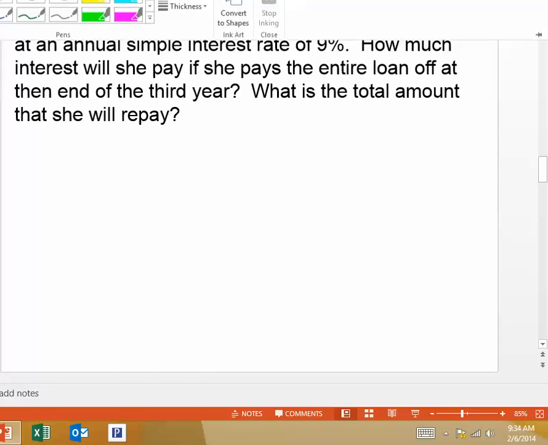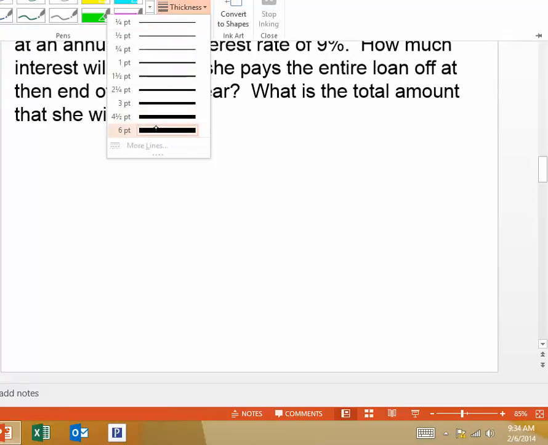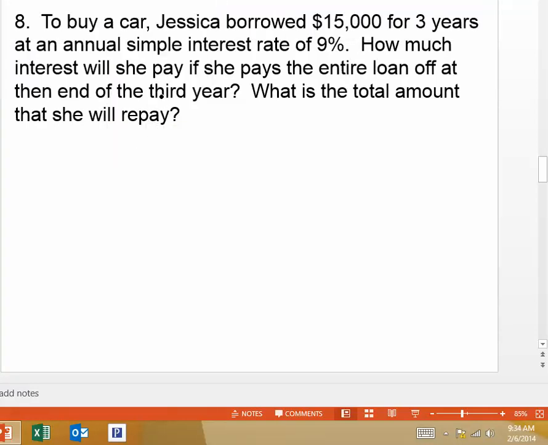Here's another problem just like it. To buy a car, Jessica borrowed $15,000 for 3 years at an annual simple interest rate of 9%. How much interest will she pay? She pays off the entire loan at the end of the 3rd year. What is the total amount she will repay? Once again, I know she's going to have to pay the $15,000. Our formula: interest equals principal times rate times time.